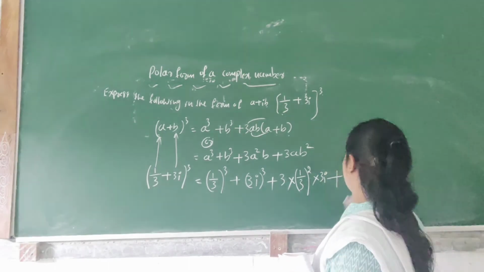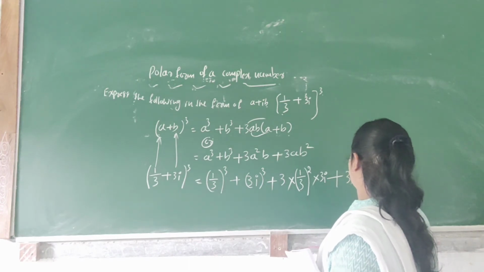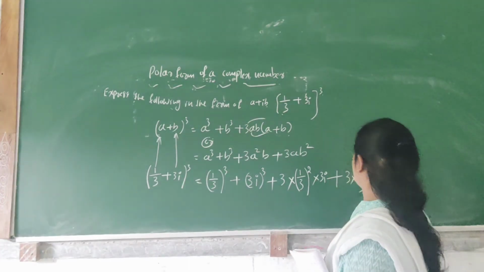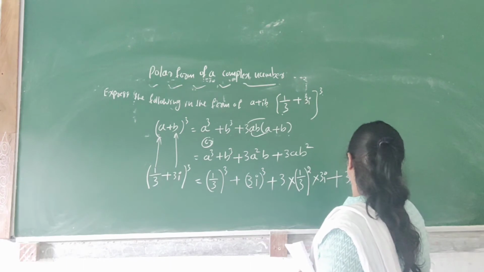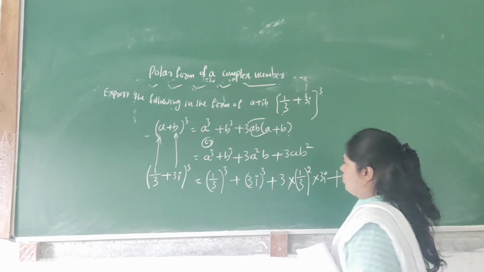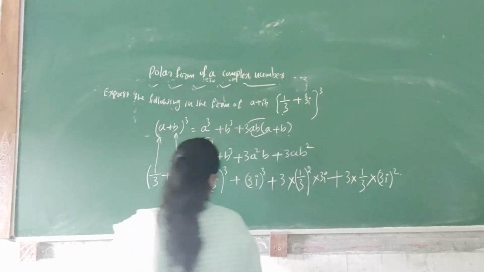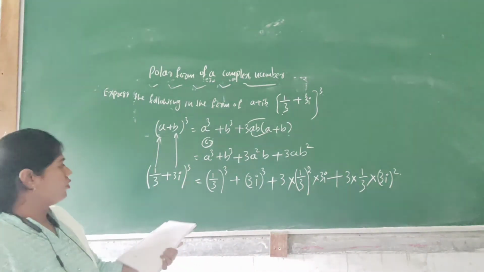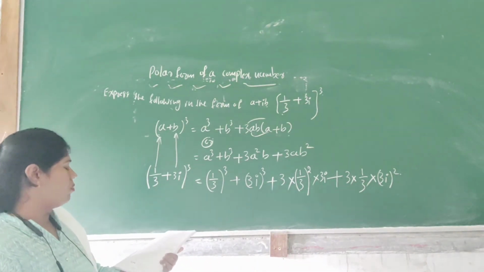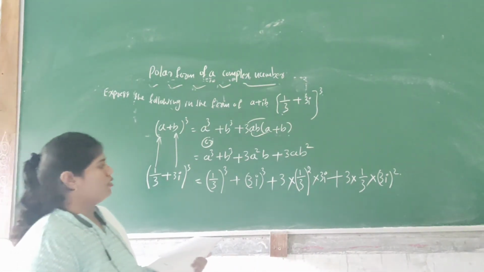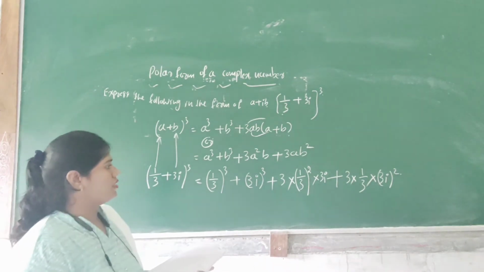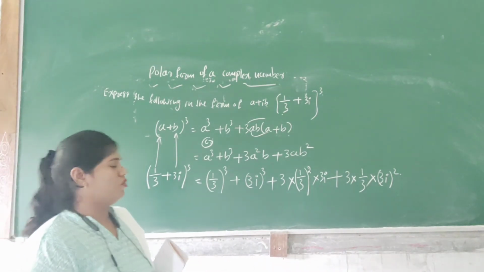What is A? 1/3. B square is (3i) whole square. So this is the expansion: (1/3) whole cube plus (3i) whole cube plus 3 into (1/3) whole square into 3i plus 3 into (1/3) into (3i) whole square.